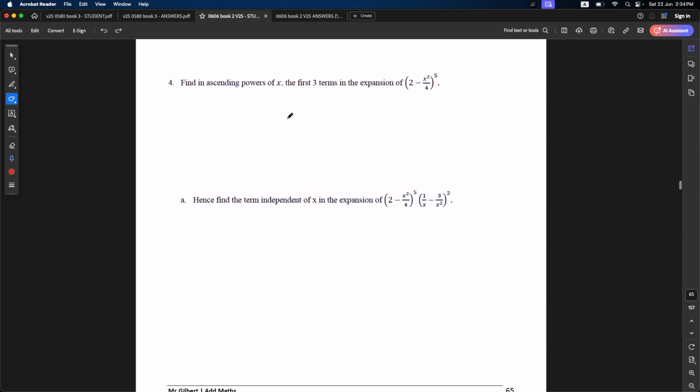Okay, so expanding this: 2 to the power of 5 plus 5c1 times 2 to the power of 4 times negative x squared over 4 to the power of 1, plus 5c2 times 2 to the power of 3 times negative x squared over 4 to the power of 2.